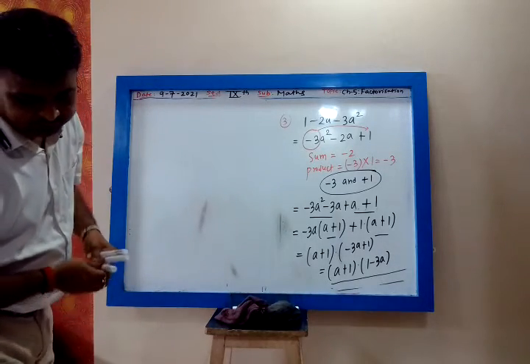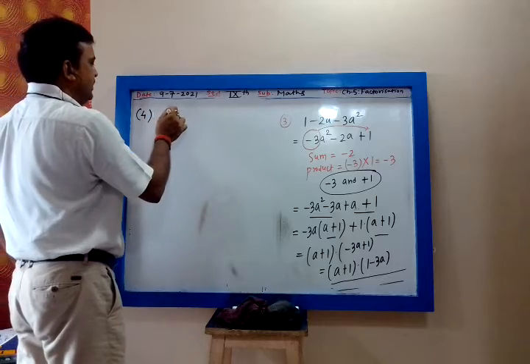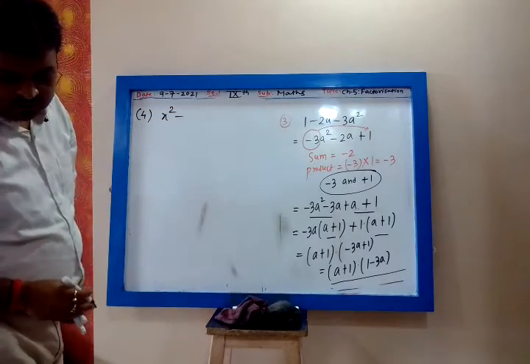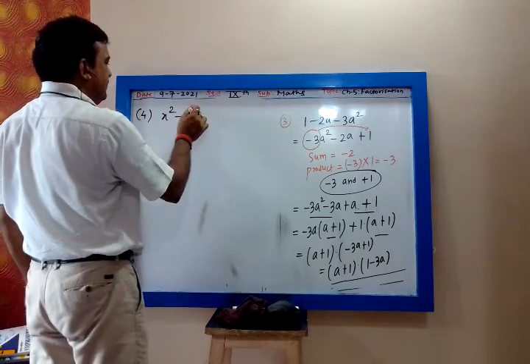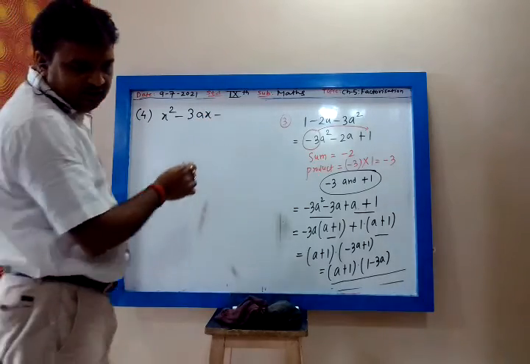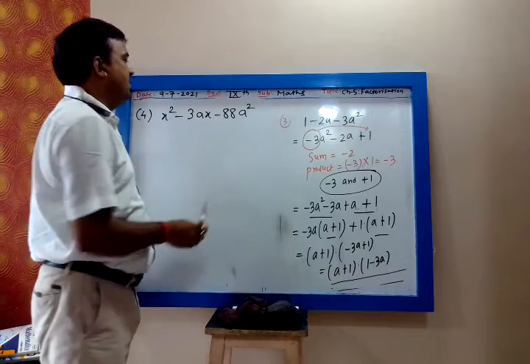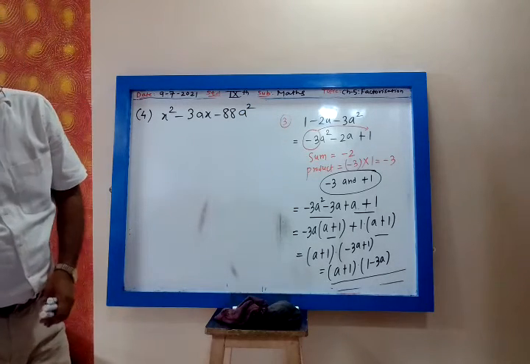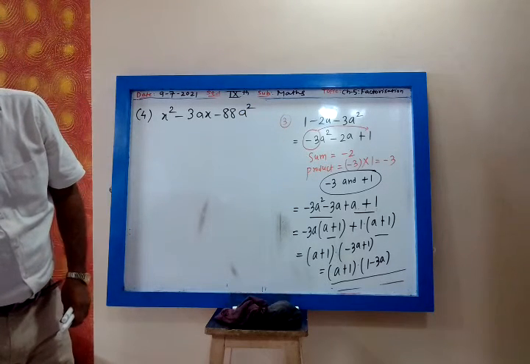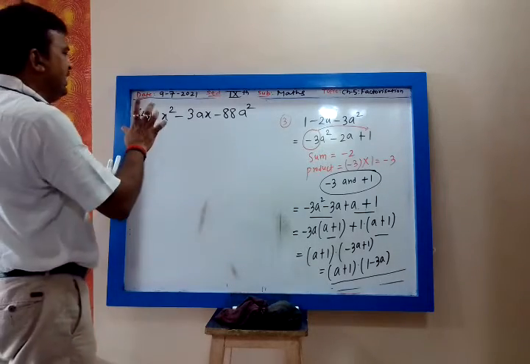Then the fourth one: x square minus 3ax minus 88a square. Yes, tell me. Type 1.